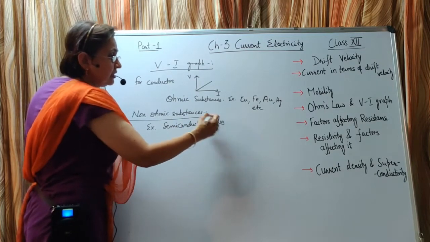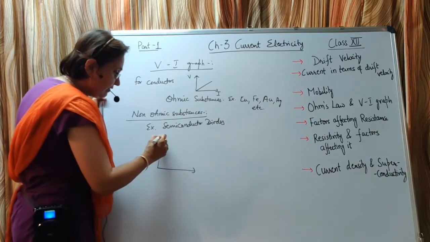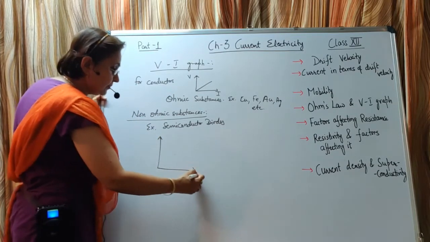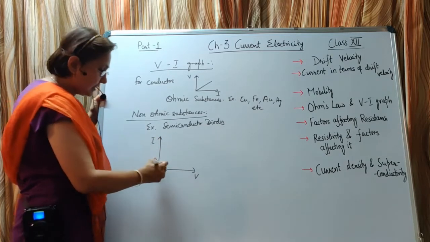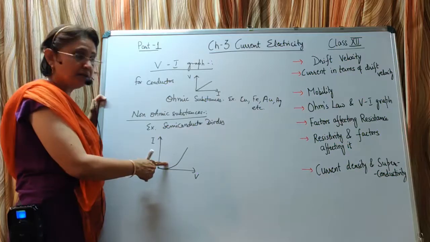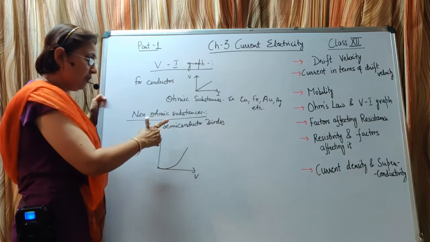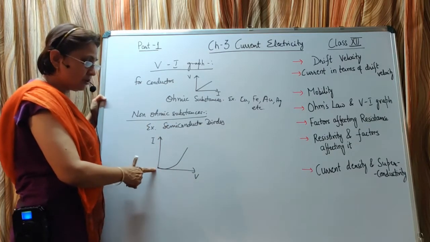Semiconductor diodes are non-ohmic substances, so the VI graph is not linear. Here V is taken along the x axis and I along the y axis, and the graph is a curved line.